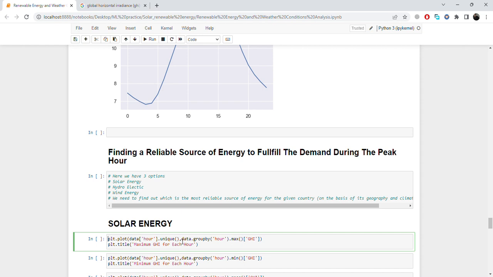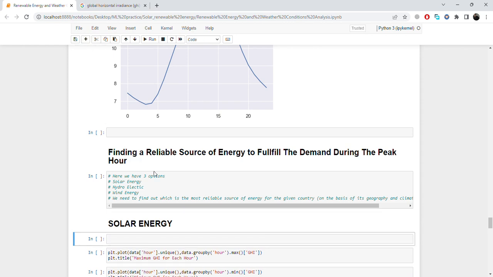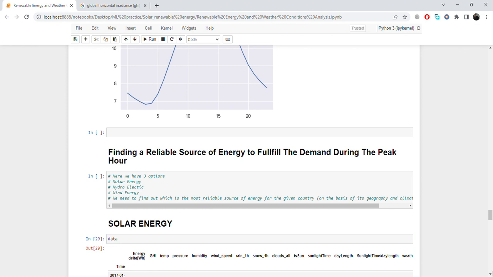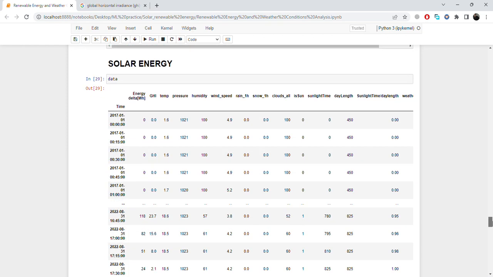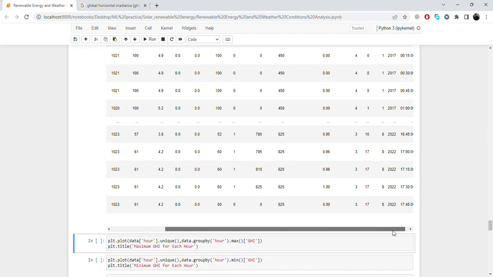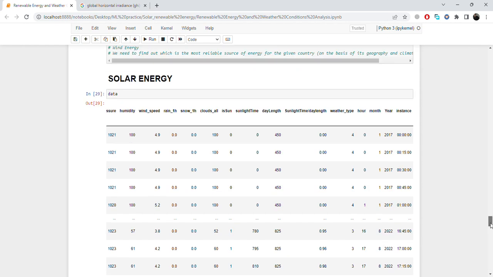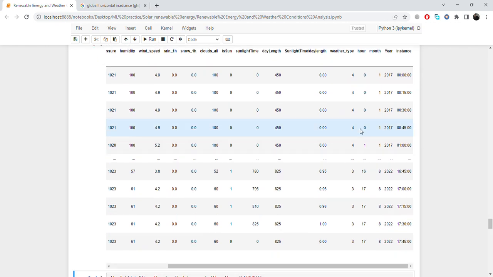If you look in this data set, just give me a minute, let me add a cell here and show the data. If you analyze that, and you see the hour column, you have multiple values like 0, 0, 0, 0, 1, 6, 16, 17. It will go up to 24.